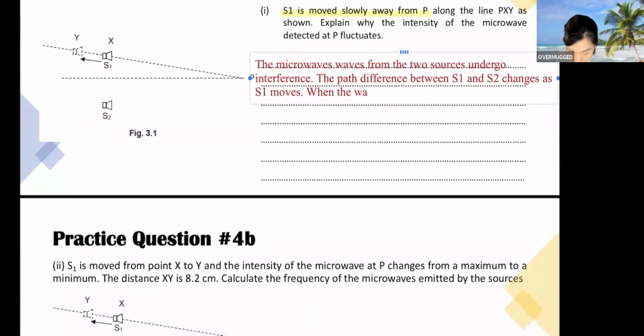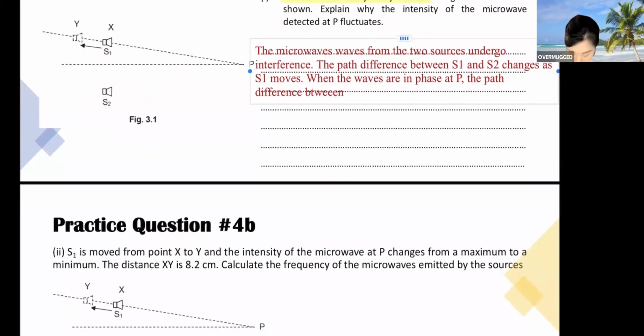So when the waves are in phase at P, the path difference between the sources, so I'm going to write in short form because I don't really have space, is an integer number of their wavelengths.